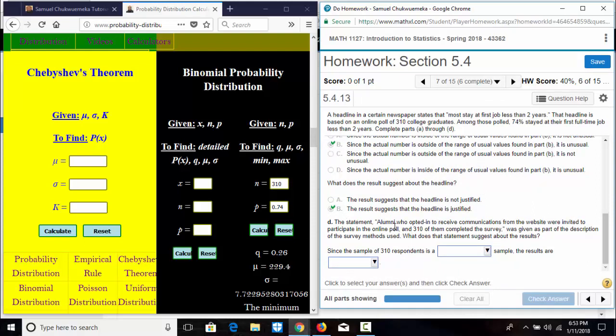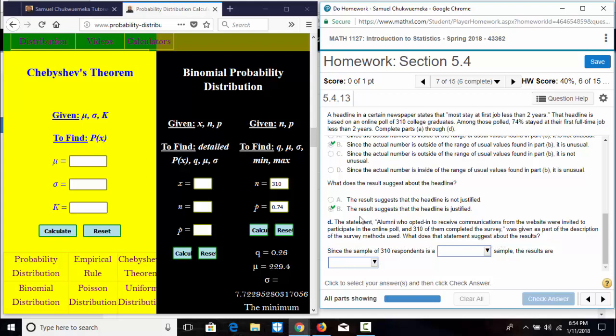The statement, alumni who opted in to receive communications from the website were invited to participate in the online poll, and 310 of them completed the survey, was given as part of the description of the survey methods used. What does that statement suggest about the results?